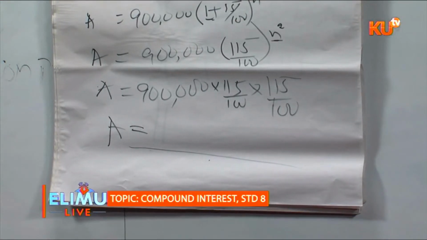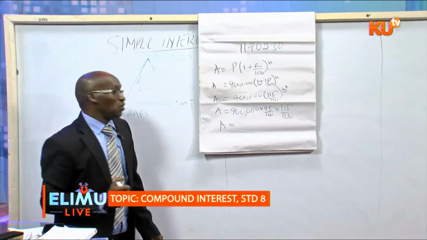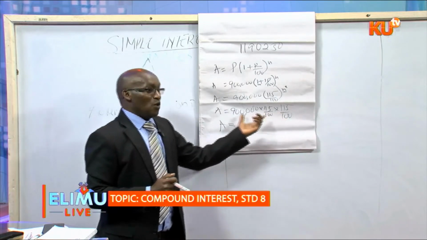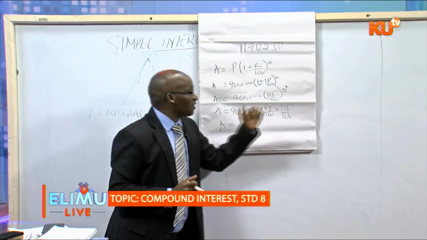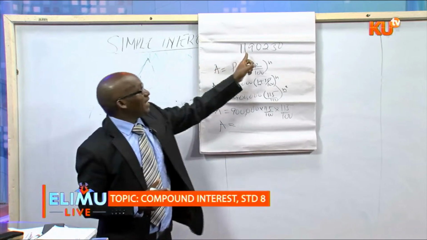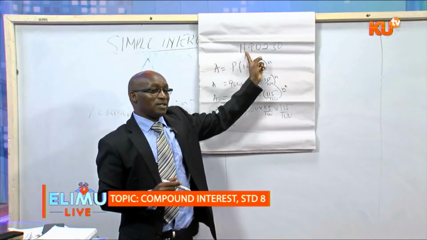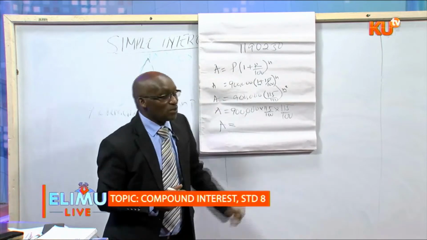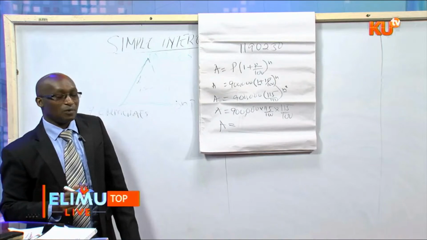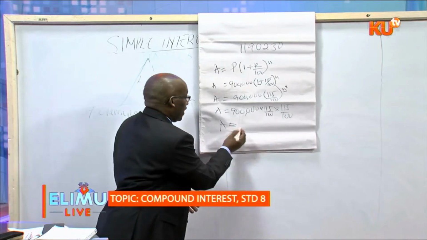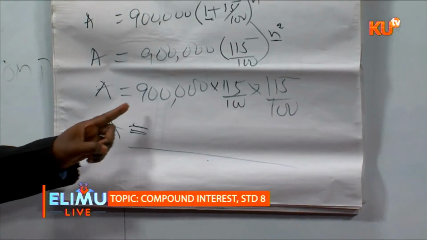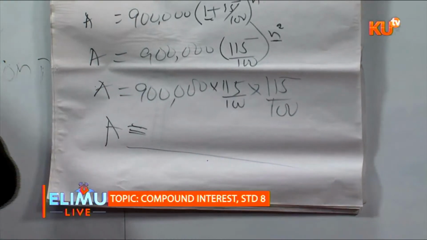I can leave that one for the learners to continue, and if you work out this question correctly, you will still be able to get the total amount, which is 1,190,250. So if you do the correct simplifying and computation, you will get the correct answer.